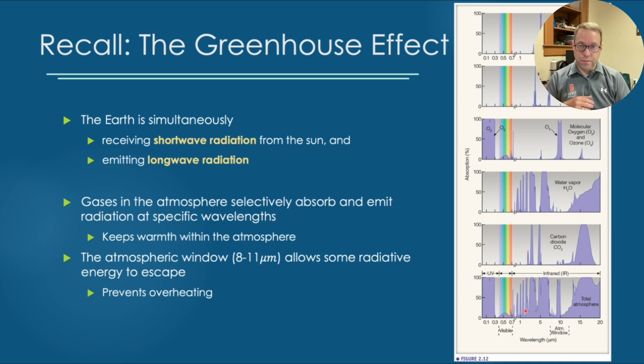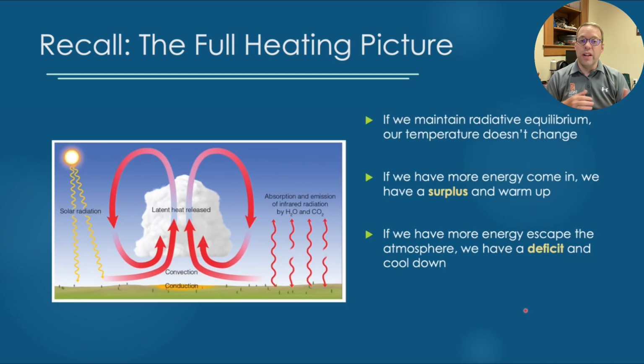Also remember our full heating picture here. We need to maintain radiative equilibrium so that our temperature doesn't change. I know temperature does change from day to day and season to season, but that'll be the next chapter. For now, we just want to see the balance.